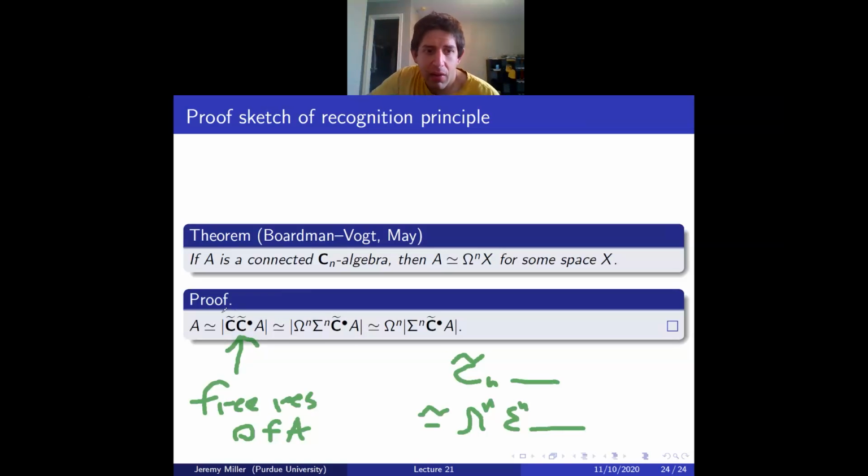So that says I can replace the outer cubes C_n by this Ω^n Σ^n. And then we're going to pull out this Ω^n. So we get that A is the loop space of this geometric realization of a simplicial space.